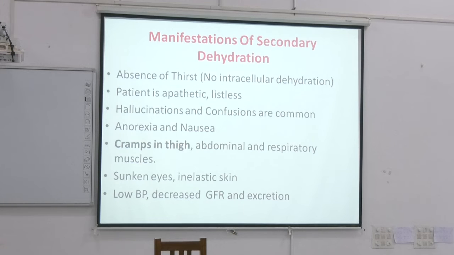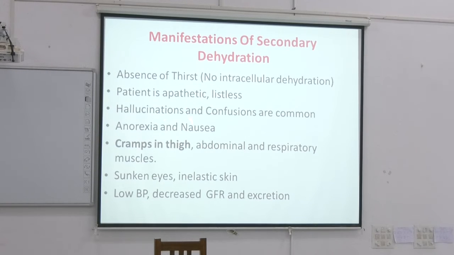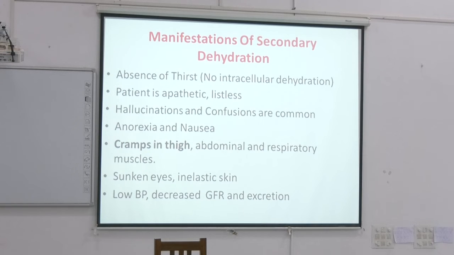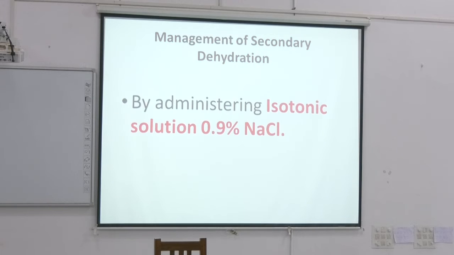In the secondary dehydrated condition, there is a deficient condition of electrolytes. There is low presence of salt inside the body, which ultimately causes different functions. Okay, so all these symptoms come.